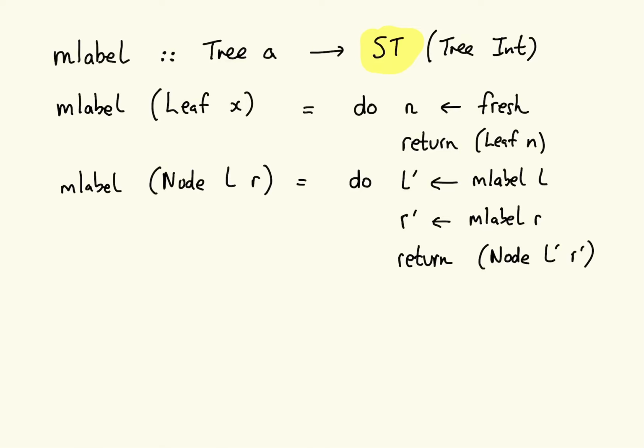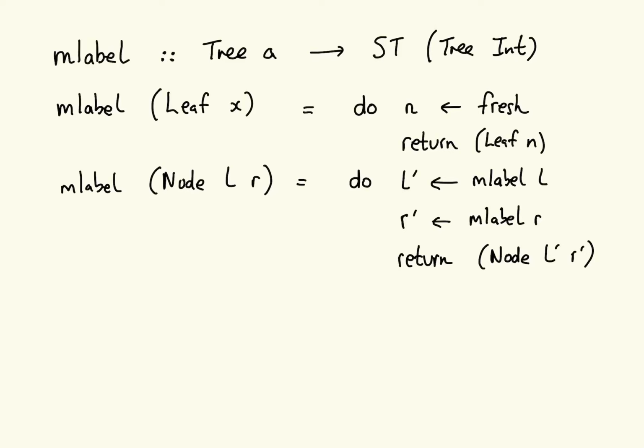In the base case we grab a fresh label, form it into a leaf and return it. In the recursive case, we recursively relabel the left subtree, recursively relabel the right subtree, package those up into a node and return them. And again, all the plumbing of the labels, making sure that everything goes through in the right way, is handled automatically for us by the state transformer machinery. So no plumbing code anymore.